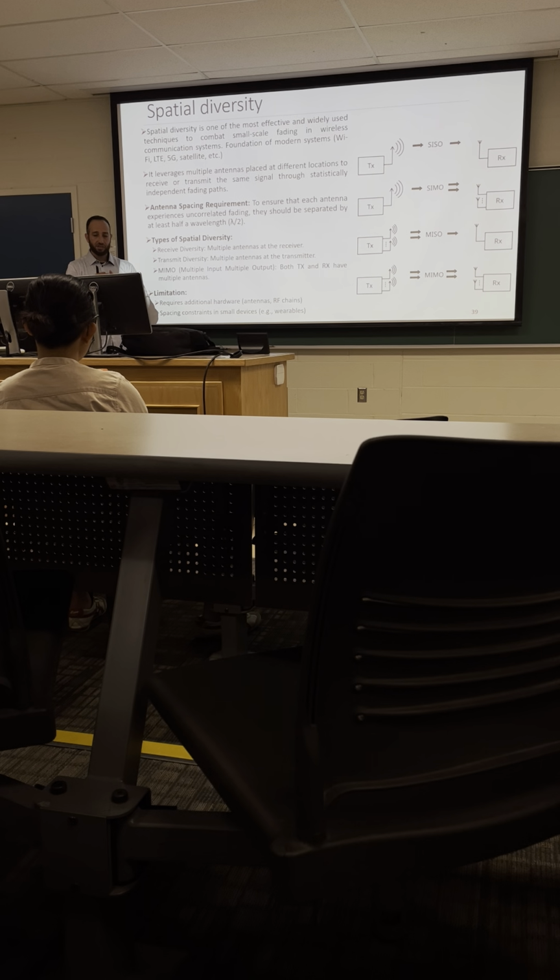I can use the separation, but it must be at least greater than half of the wavelength. You might read in a different book that they put it at 10 wavelengths, 5 wavelengths, or double the wavelength; again, it depends on the environment. What I need to know is that the separation is based on the signal wavelength.